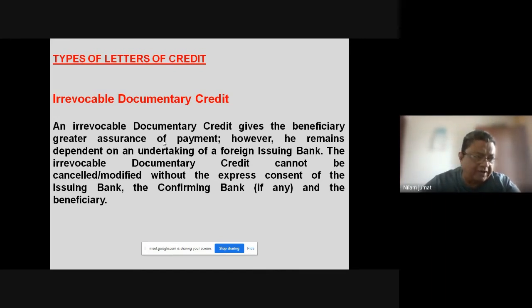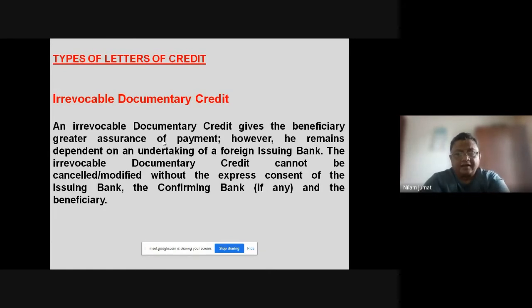You can't go one week or one month later and say, no, I want you to send 10 motorcycles. That's just one example. Whatever the issuing bank says is irrevocable.